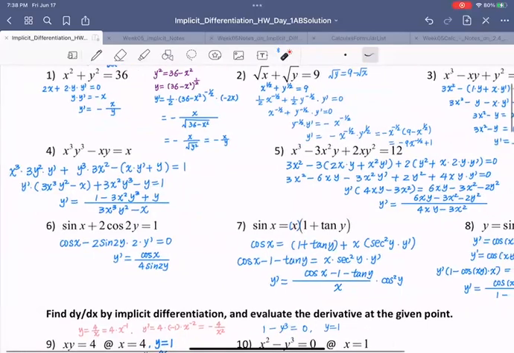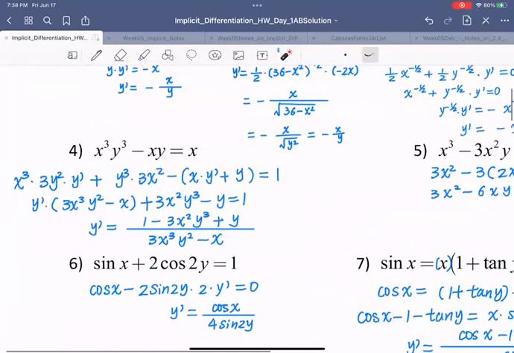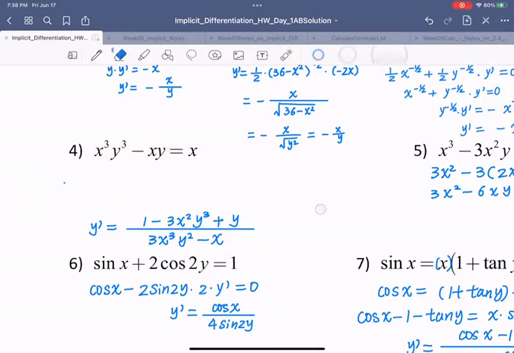Look at this one. You won't be able to solve for y either. This is cubed, this is 1. You cannot solve for y, so we cannot use the traditional way. We have to use a new way. Lily, let's try number 4. Go ahead.